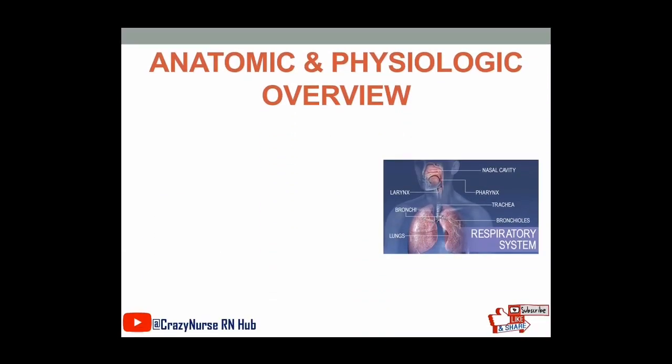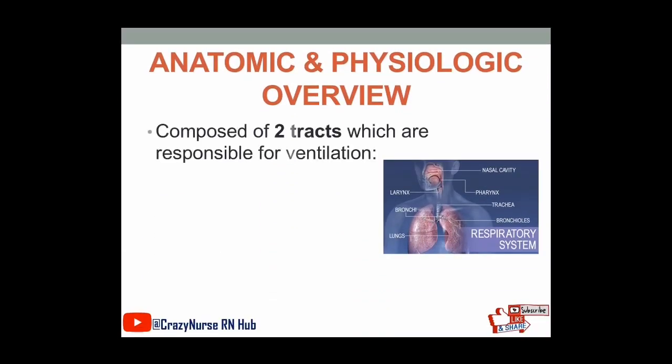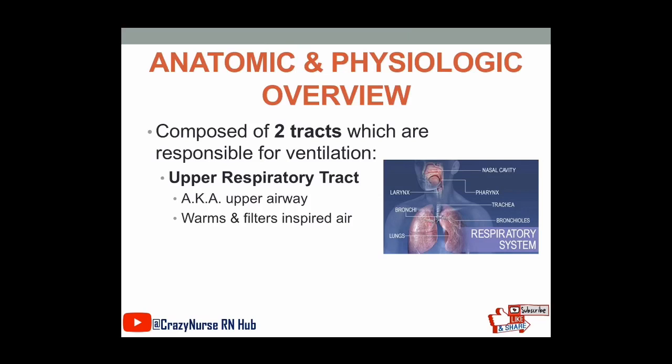Now let's have the anatomic and physiologic overview. So your respiratory system is composed of two tracts, which are responsible for ventilation. First, we have your upper respiratory tract. It is also known as your upper airway, and it warms and filters the inspired air. We also have your lower respiratory tract.